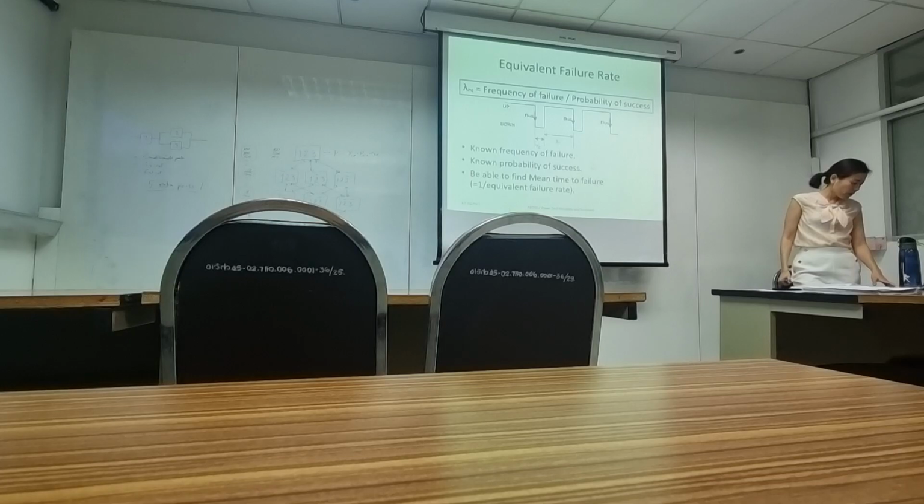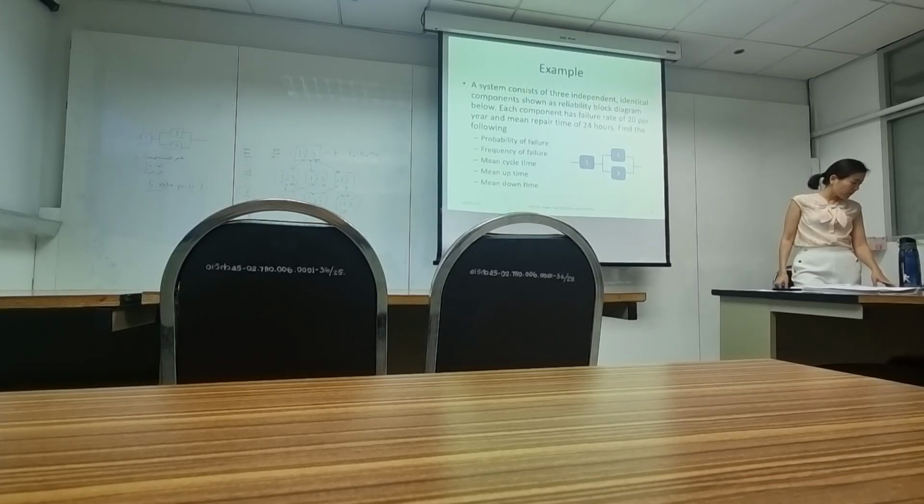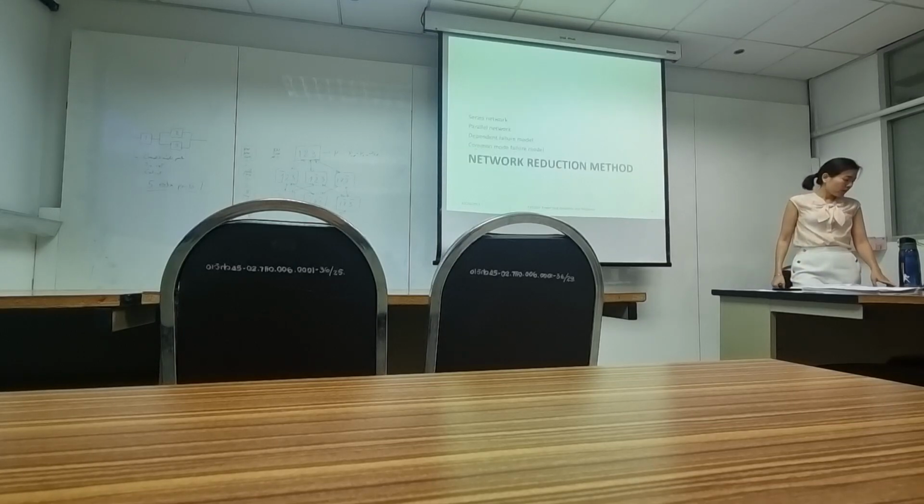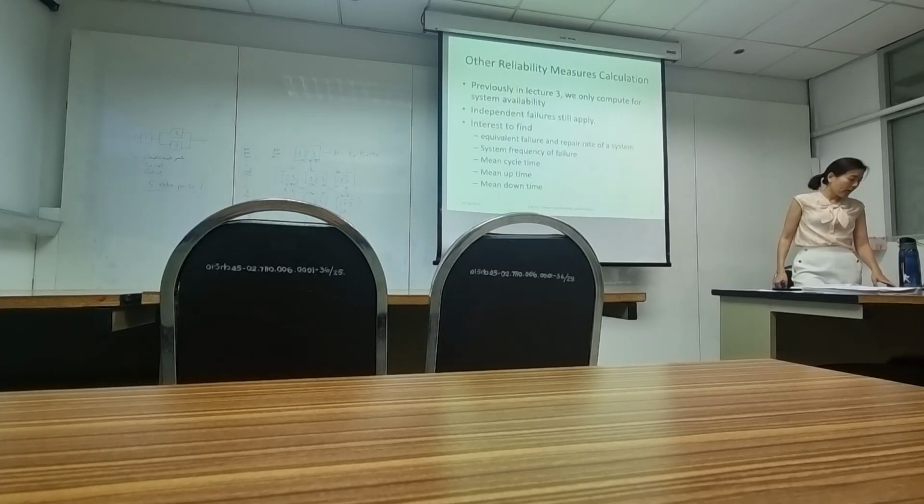Now, for the example, I think we did this example using the state space approach, and then we also tried to use the network reduction approach. Network reduction is how you can combine the series and parallel structures, okay?